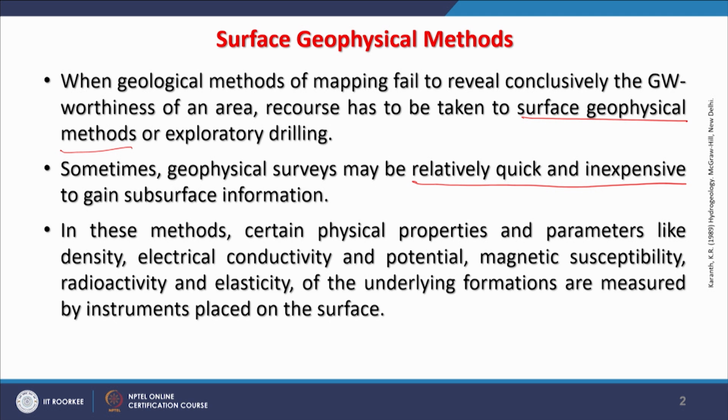These surface geophysical methods basically exploit the physical properties, characteristics and parameters of the geology, rocks or layers which are present. For example, we try to exploit density and electrical conductivity, and electrical conductivity varies from rock to rock, which we will also be discussing.